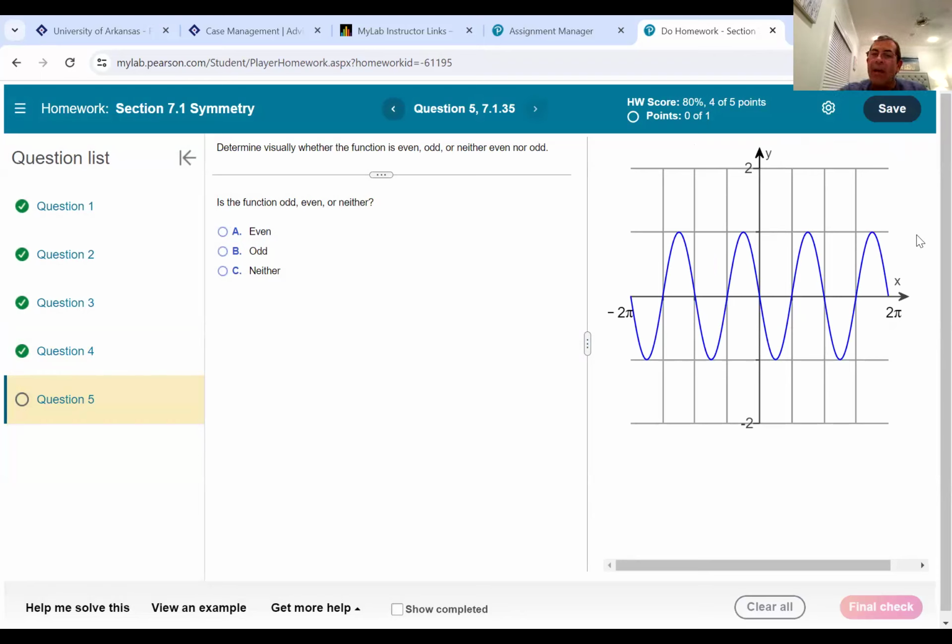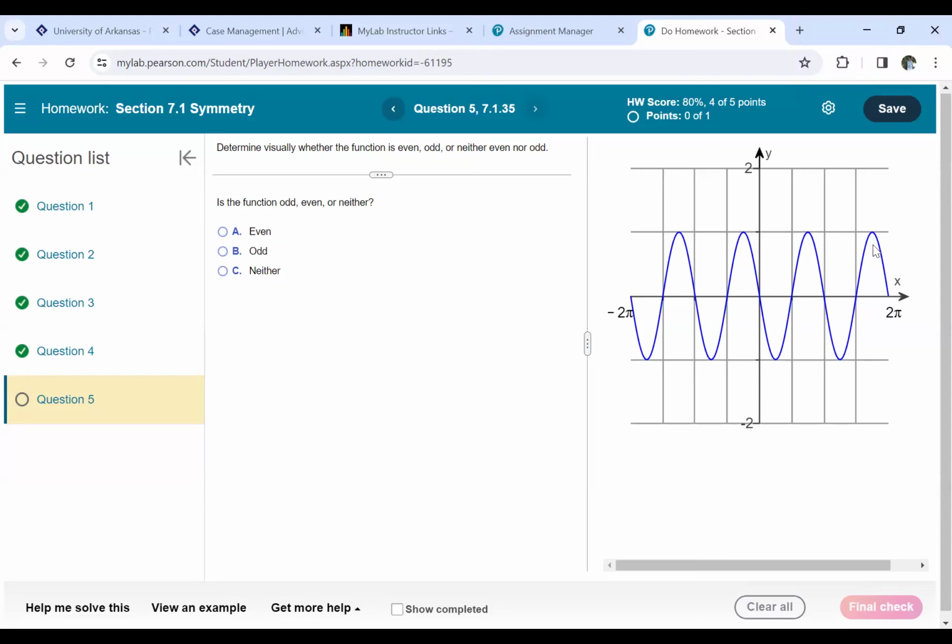Take that graph and turn it 180 degrees upside down. This part on the left that's going down will end up on the top right, going down like it looks now. So if I was to turn it upside down, it would be the same exact graph. So it's definitely symmetric to the origin, which makes it odd.